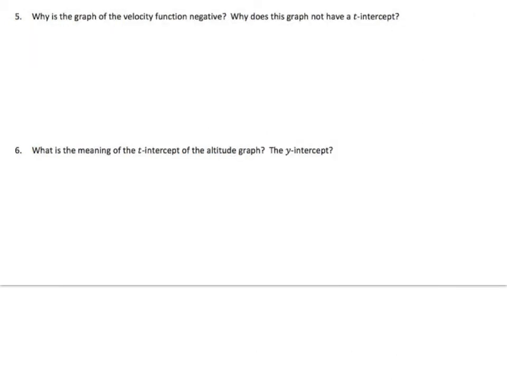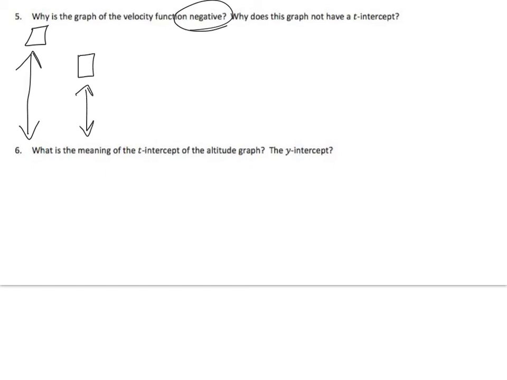Why is the graph of the velocity function negative? That's a tough one to figure out. It's negative because we represent velocity as a negative when the distance between two objects is decreasing. So if you look, the Mars rover is at a certain altitude, the distance to the ground, and then the Mars rover is here, the distance to the ground.